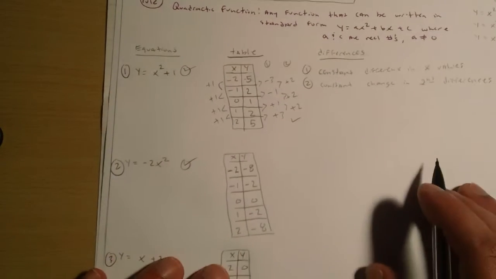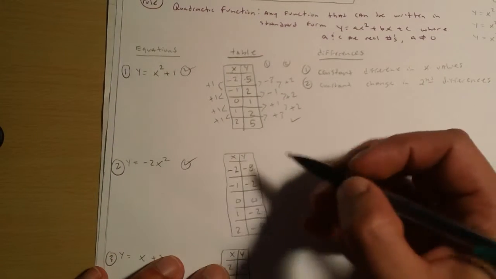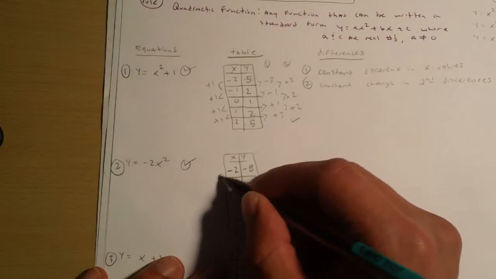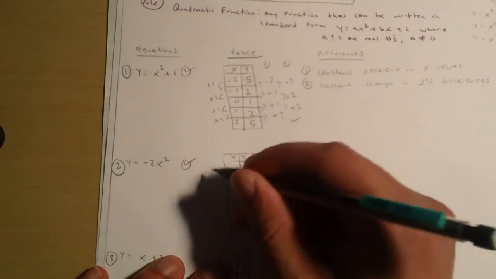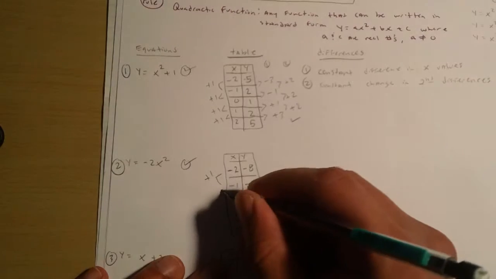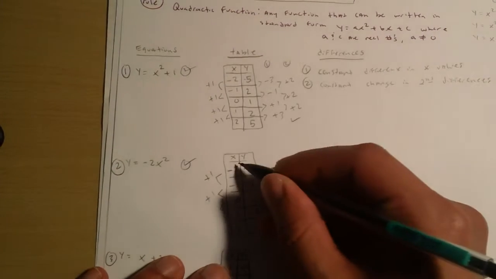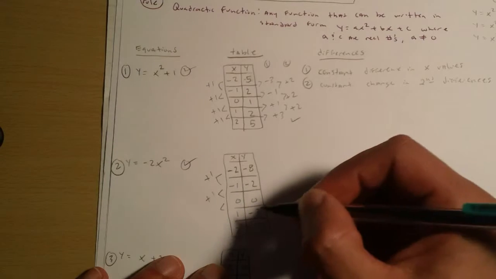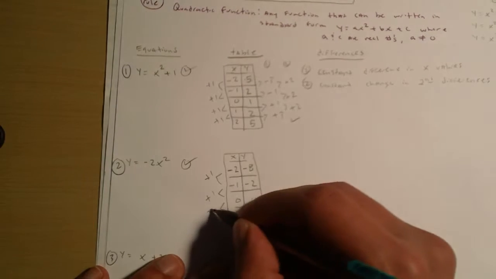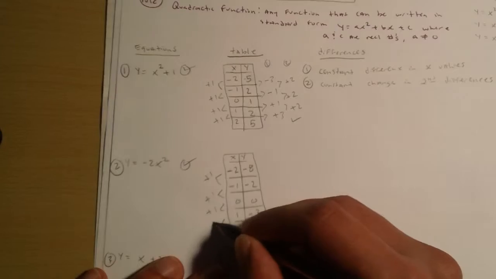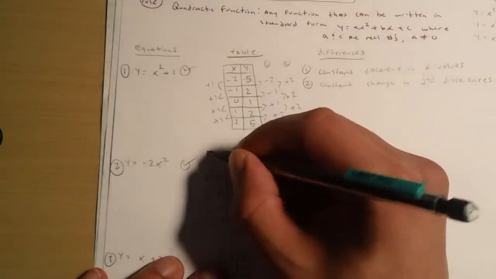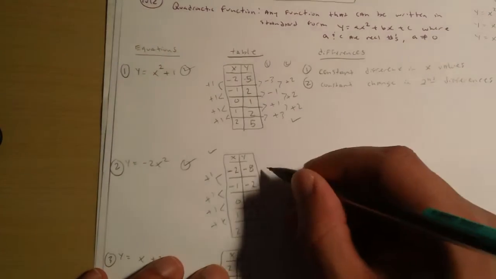Okay. Now we have negative 1 and negative 2. The difference there would be a positive 1. Right here is a positive 1. Our values here are increasing by 1. So we have positive 1, positive 1. So constant change in x values is done.